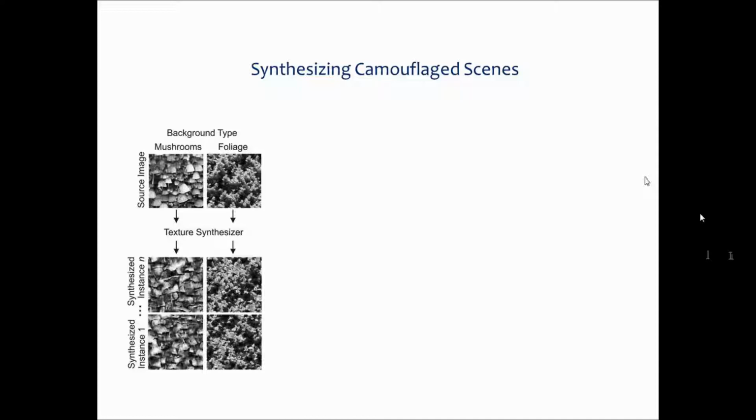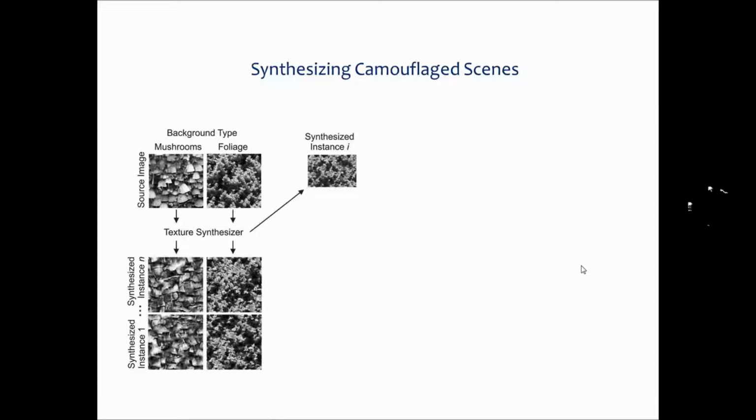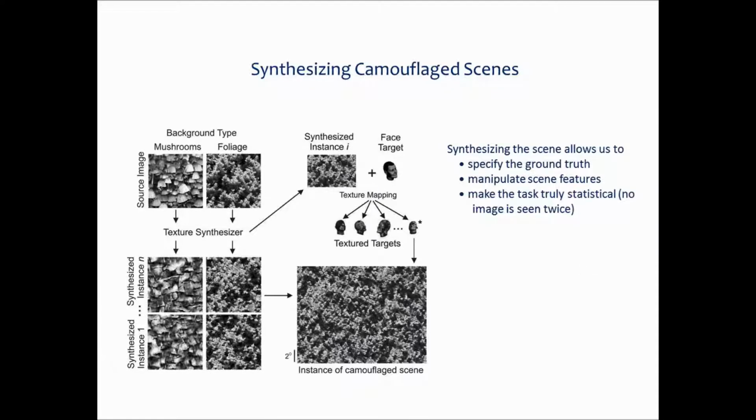And we take one of the backgrounds and put, in this case, a face target. It could be any of these, and in this case, it is this one. And so this is the scene that the subjects look at. They're given them one at a time, and they have to, in this case, perform a very simple detection task.